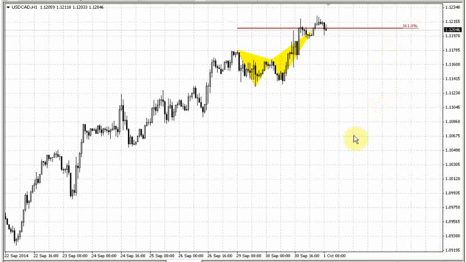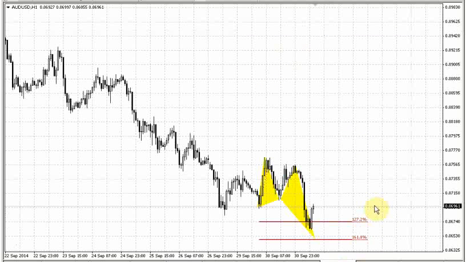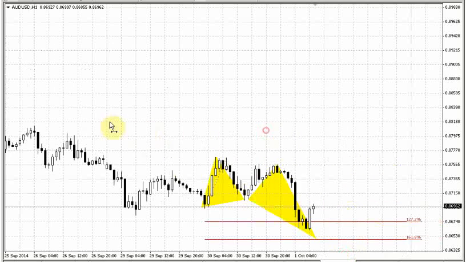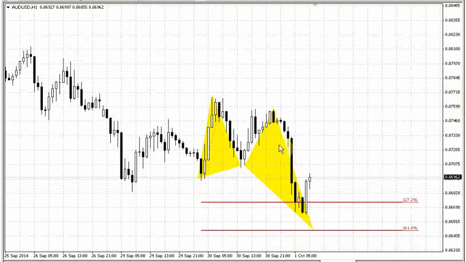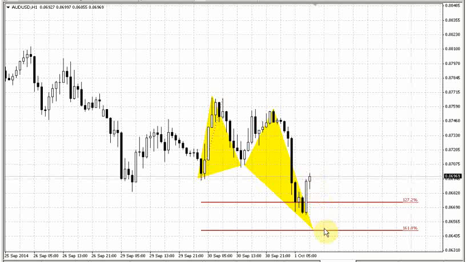Finally, the third currency pair that I would like to talk about is the Australian dollar. It provides a scalp opportunity for trading. If you trade on the intraday charts, this butterfly could be interesting for you because you can see this clear pattern. Since the market has shown this really fast acceleration to the 127 extension, I suspect that the market will still reach the 1618.